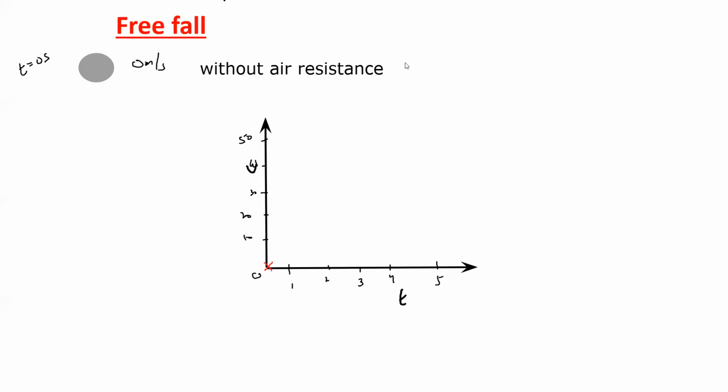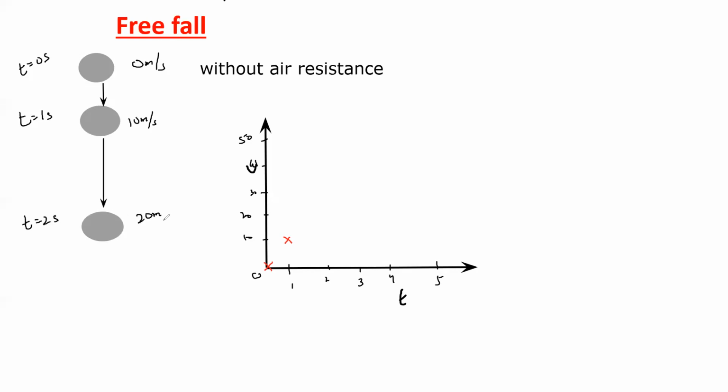Then after 1 second of a fall, because it is having an acceleration of 10 on Earth, after 1 second, speed will change by 10. Originally it was 0. So at 1 second, the speed is equal to 10. Then when time is equal to 2 seconds, the speed will again change by 10.